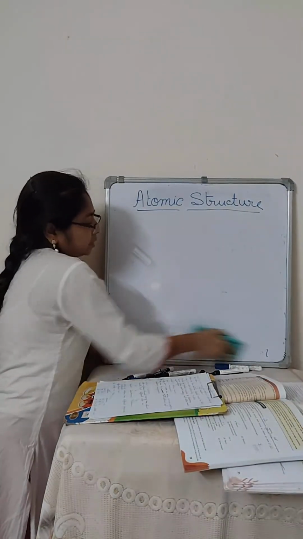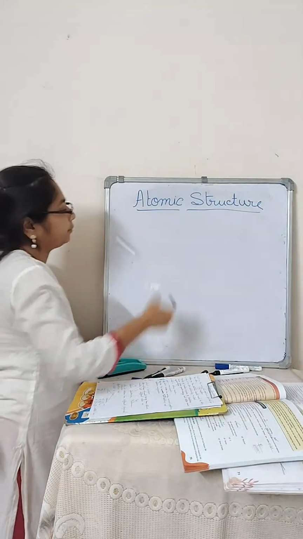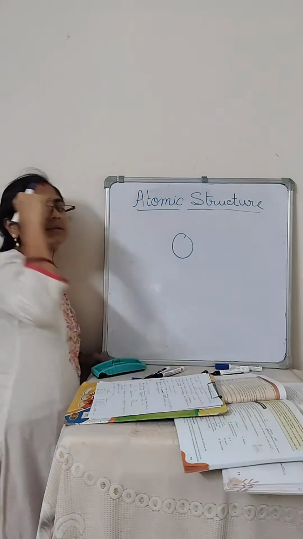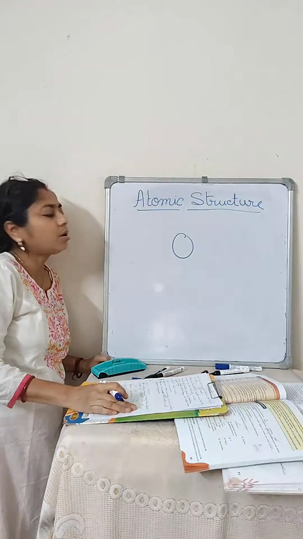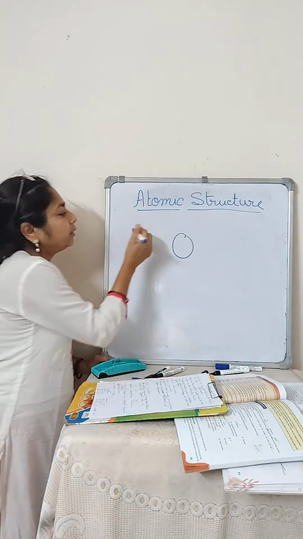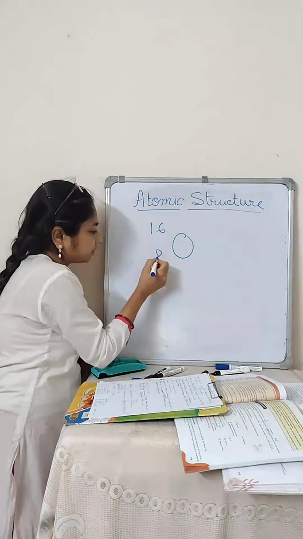Now, I'll give another example. You please try to tell. O. What is the formula of O? It is for oxygen. Now 16 and 8.